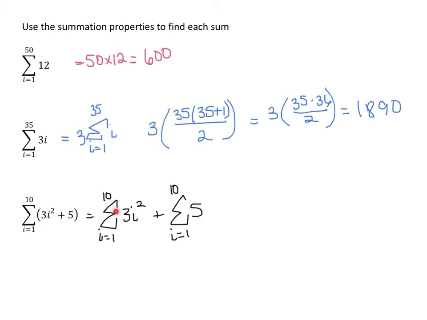Then I see that I've got this 3, so that can get pulled out. So that becomes 3 times the sum from 1 to 10 of i squared plus the sum from 1 to 10 of 5.